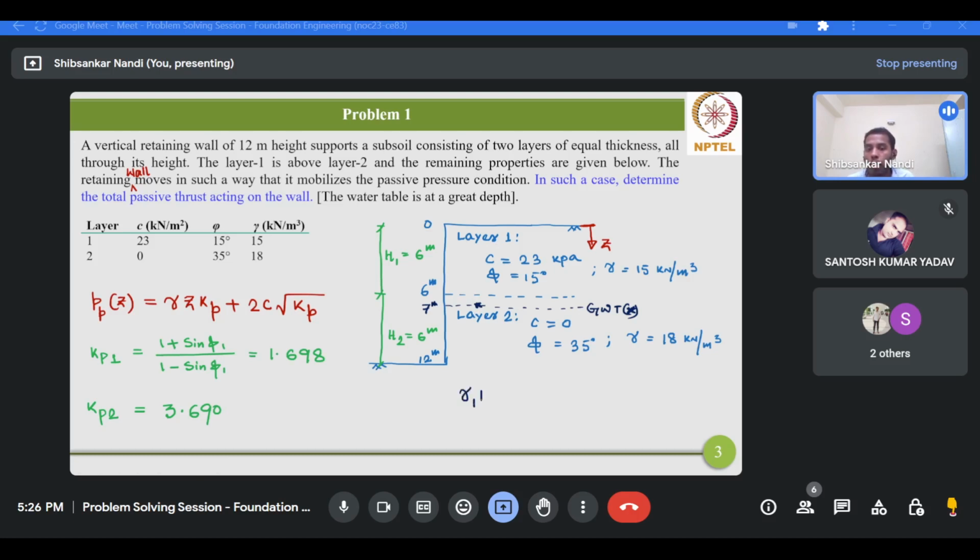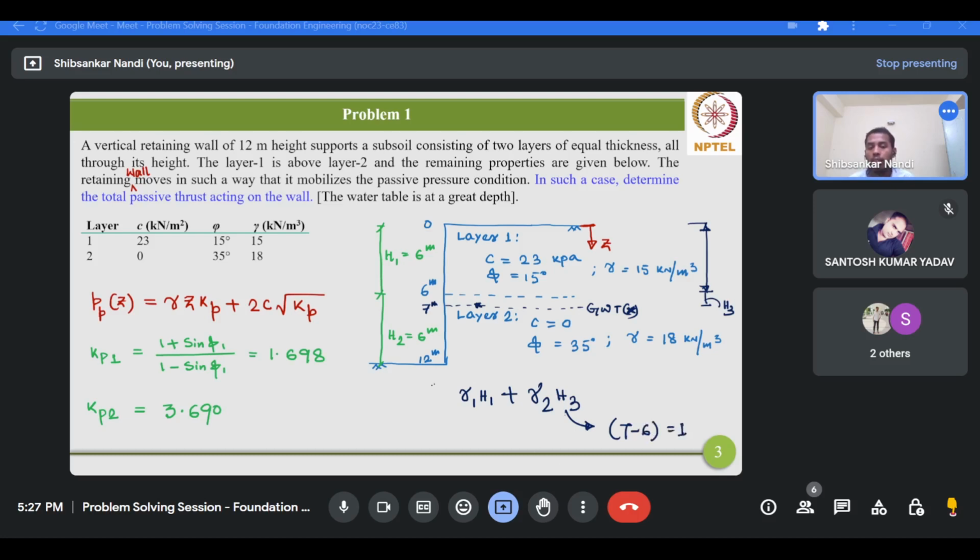First gamma 1 h1, that is the total thickness of layer 1, and then plus gamma 2 times the small thickness up to the 7 meter level. Suppose we introduce it as h3. The value of this h3 is 7 minus 6, that is 1.